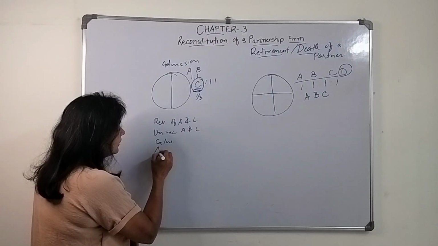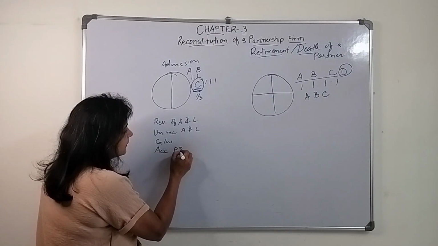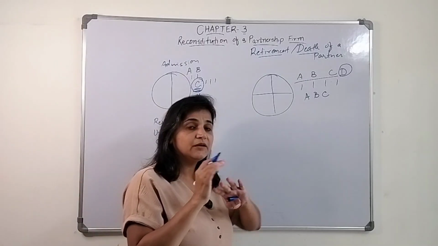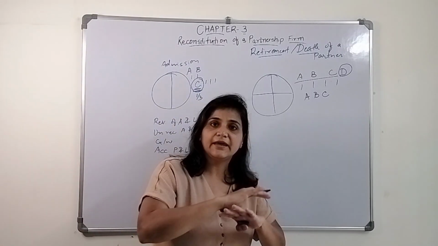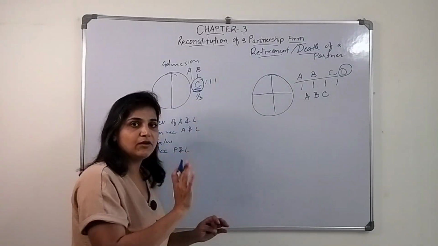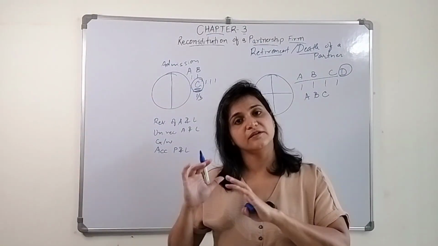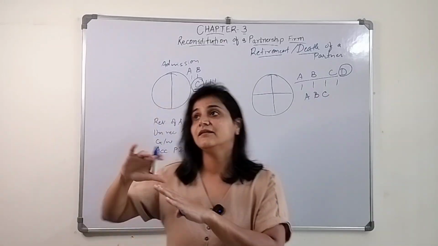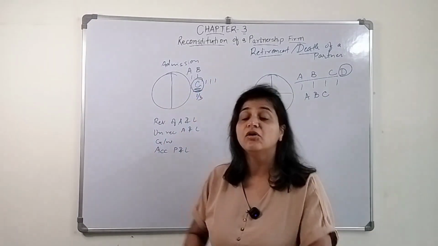There were accumulated profits and losses, which were earlier shared between A and B, because they were the existing partners. So they needed to revalue everything. There were certain profits and certain losses, and they were shared between A and B in their old profit sharing ratio.